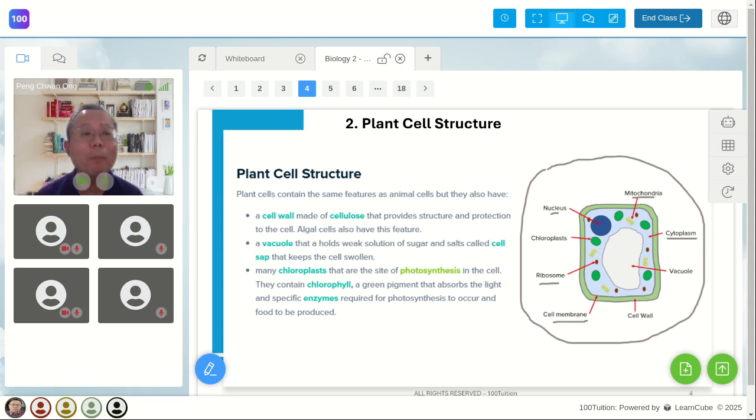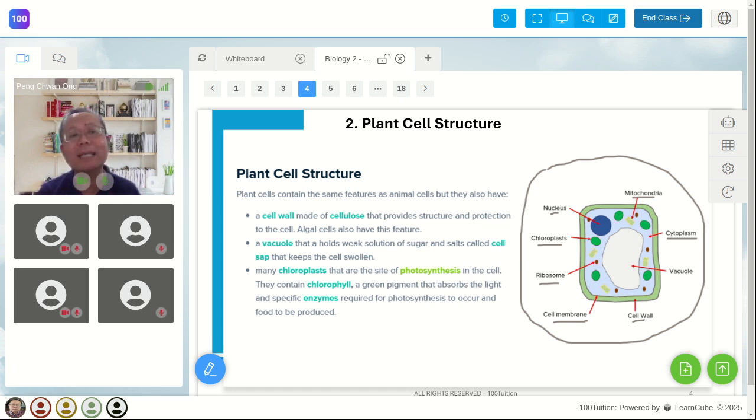Okay, but there's something more in the plant cells. First, I believe we all know, because plants contain chlorophyll, and basically these chlorophylls are made of what we call chloroplasts. Another difference is that plant cells have cell walls, and cell walls are rigid, so basically you will preserve the shape of the plant cell.